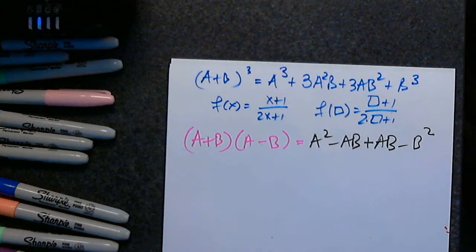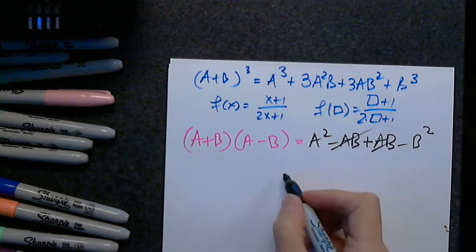What I did was, I used FOIL, right? Good. So now look at these 4 terms and tell me what you see. Yes, because they're opposite signs. So these two terms go away. They cancel. So what is the answer then?